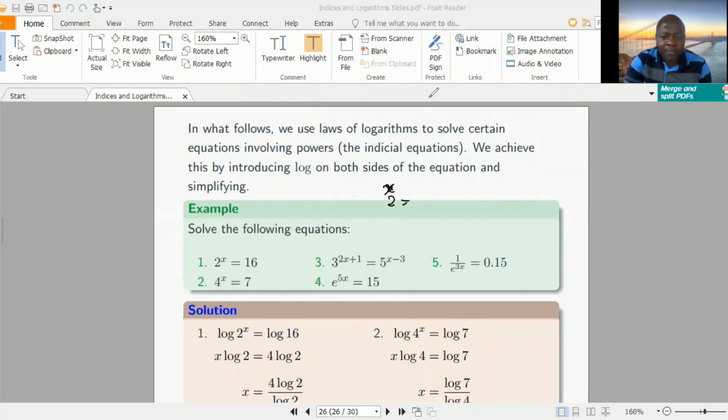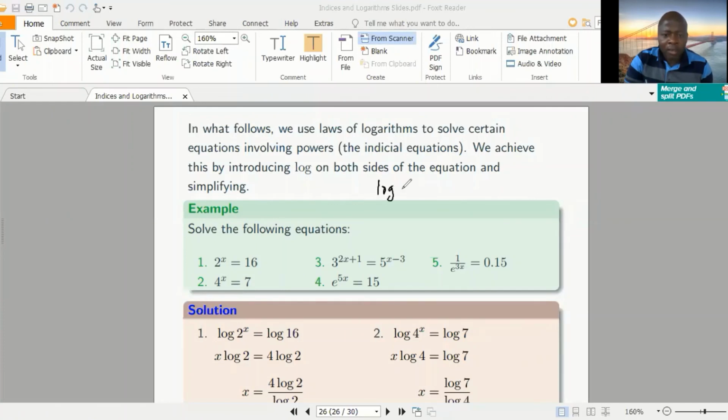2 raised to x is equal to 2 raised to 4, the way we did it earlier. But this is not the method I want to use, because I want to introduce as many methods to you as possible. The method I want to use is the one I've just stated, that I'll introduce logs on both sides.